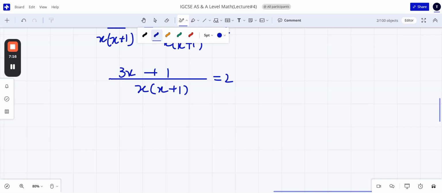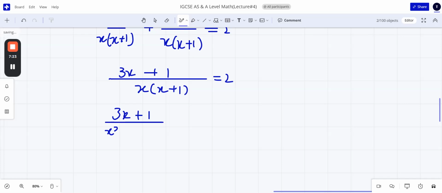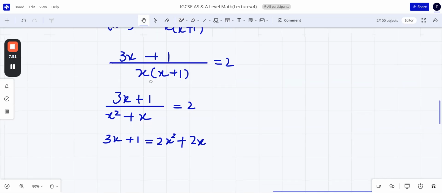So here we will expand the brackets. 3x plus 1 divided by x squared plus x equals to 2. Then we will shift this x squared plus x to the other side of the equal, so both we will multiply with the 2. 3x plus 1 equals to 2x squared plus 2x. Now again we will rearrange the terms to make a quadratic equation.